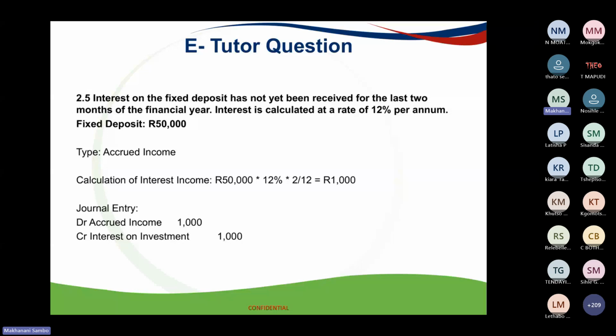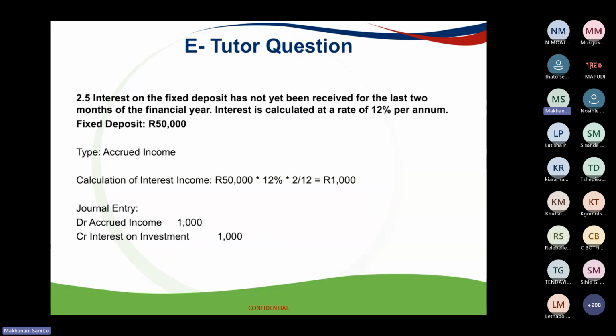We need to determine, because it's for the last 2 months of the financial year, how much interest income we need to accrue. So you take the fixed deposit amount in the bank account, determine the interest at the rate of 12%, and then determine how much interest it is for 2 of the 12 months of the year, which have not yet been received.